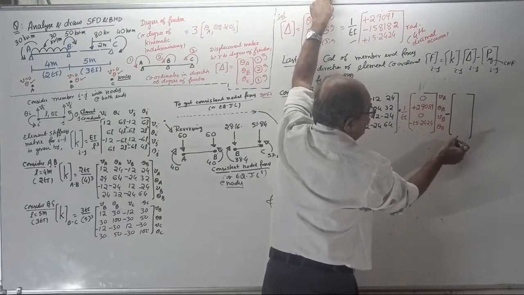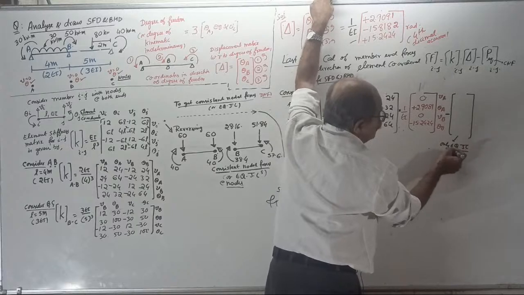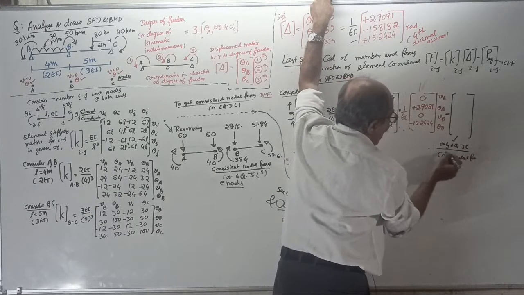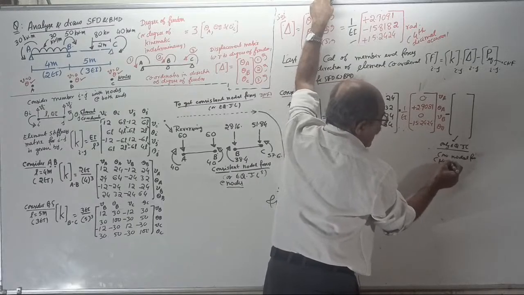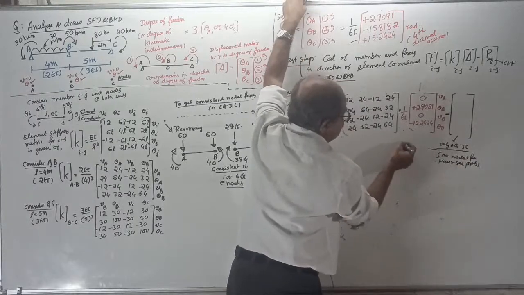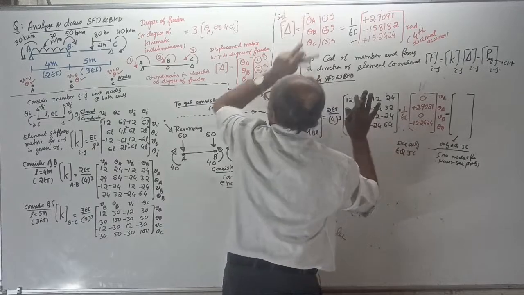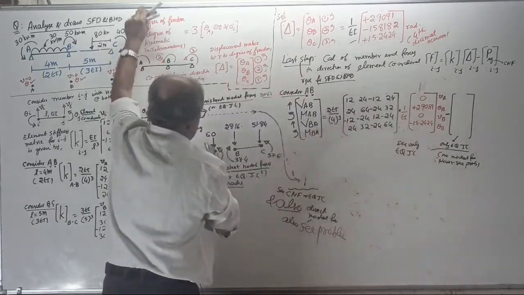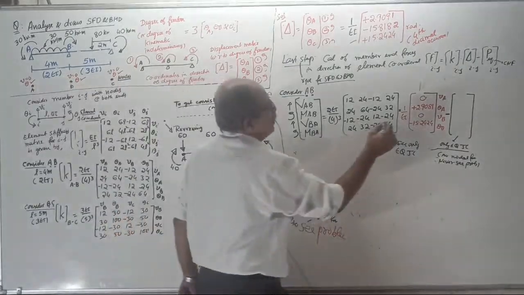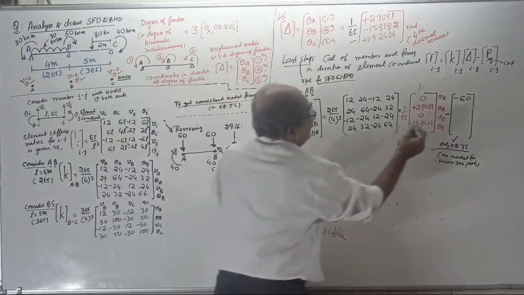See, this is only the equivalent joint load, not nodal forces, or never see the problem. See only the equivalent joint load. Should not see the problem. See only this one. Down 60. Clockwise 40.